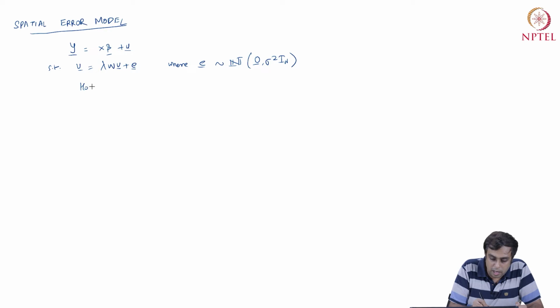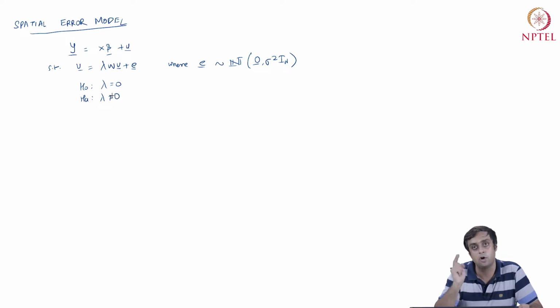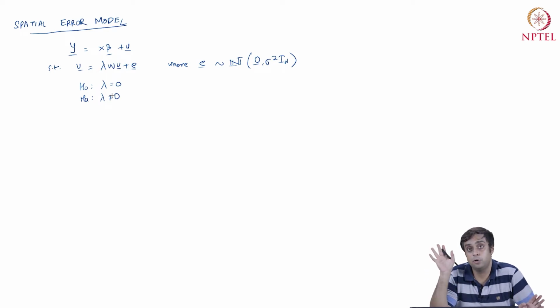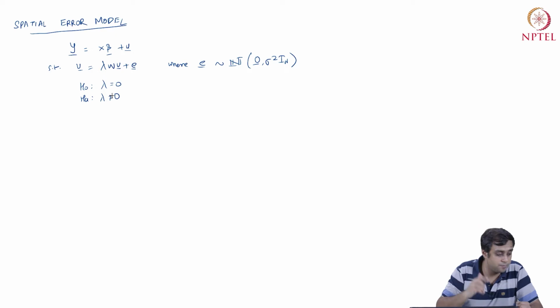Of course, now my null hypothesis is that lambda equals 0, and my alternate hypothesis is that lambda is not equal to 0. If I reject my null hypothesis, then I can just say I can work with traditional tools. I don't need all these spatial regressions, right?